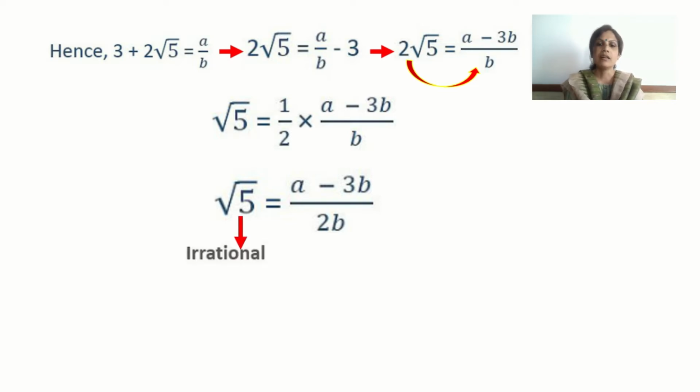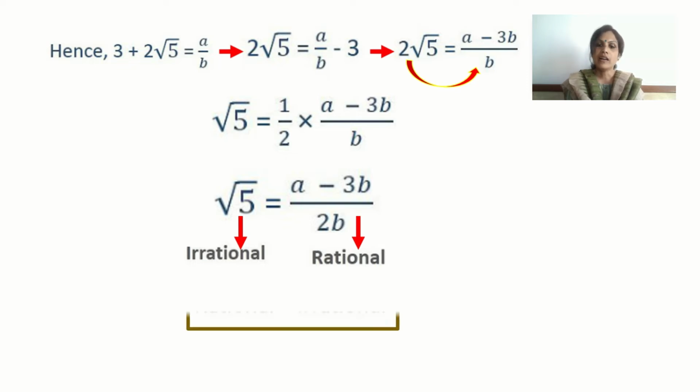But if you see the right side, the number is written in the form of numerator upon denominator. And any number which can be written in the form of numerator and denominator is a rational number. So what are we getting? We are getting that an irrational number is equal to a rational number, which is absolutely wrong.